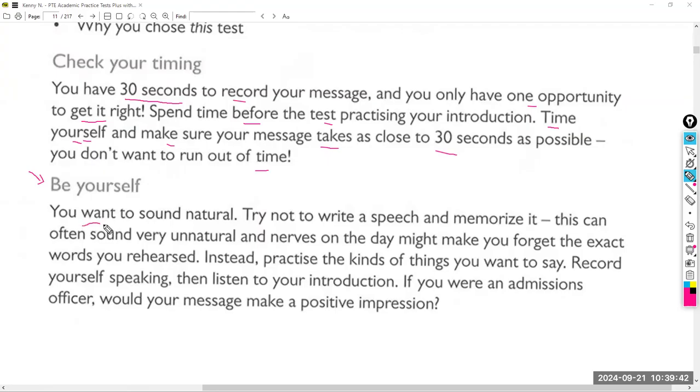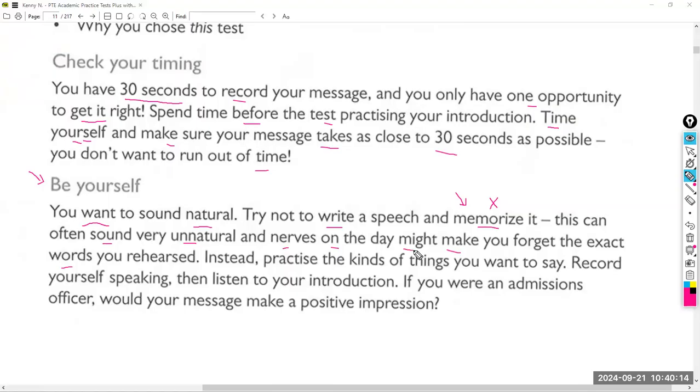So please, I have to be natural, and I have to try not to write a speech and memorize it. Stop memorizing. You will never be able to memorize or remember everything. This is extremely important. This can often sound very unnatural, and nerves on the day might make you forget the exact words.